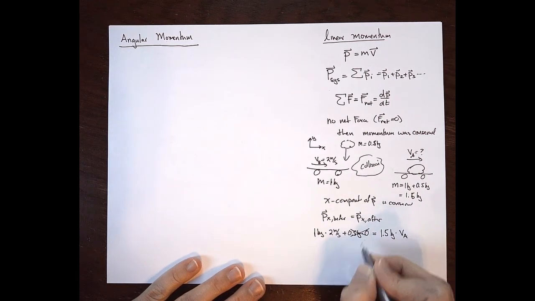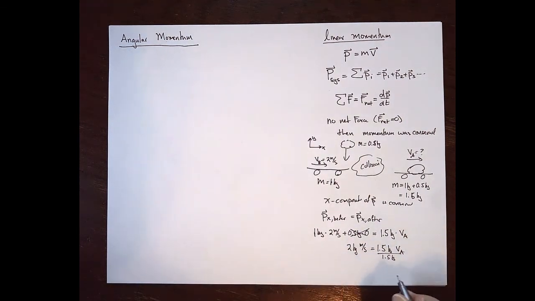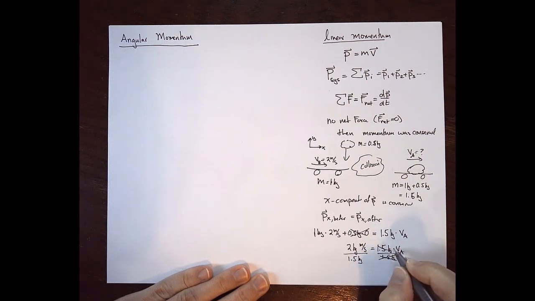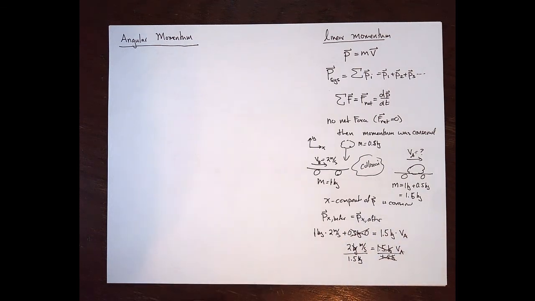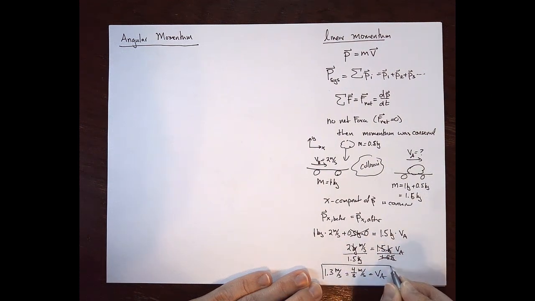The clay term is 0 because we're multiplying by 0. And we have 2 kilogram meters per second equals 1.5 kilograms times this unknown velocity. We divide by 1.5 kilograms on both sides, kilograms cancels, and we get 4/3, or 1.3 meters per second, for our velocity afterwards.